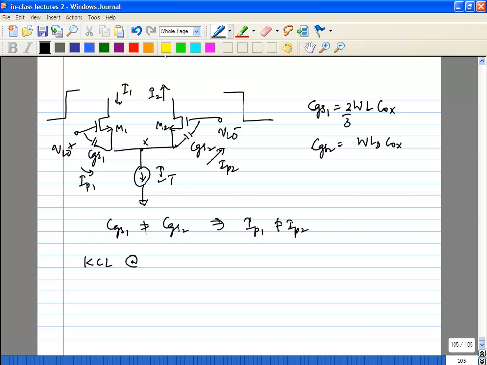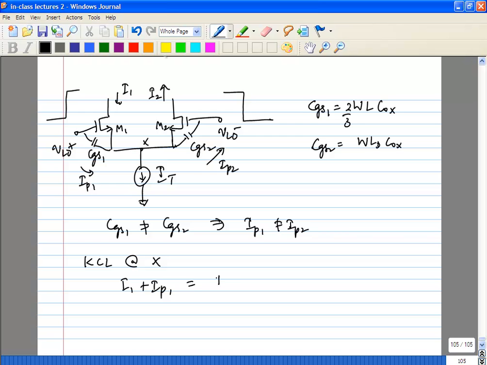So next let's call the intermediate node, the common source node, as node X. Let's do a KCL at node X. Okay. So the currents coming in are I1 plus IP1.